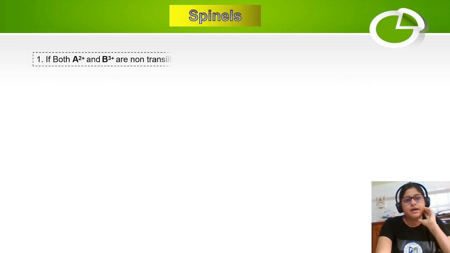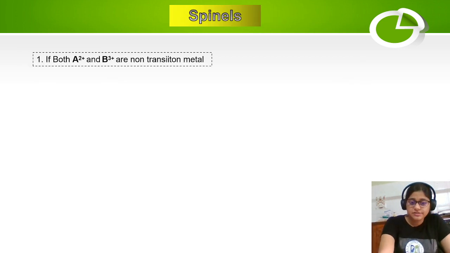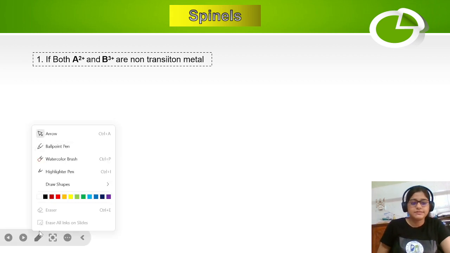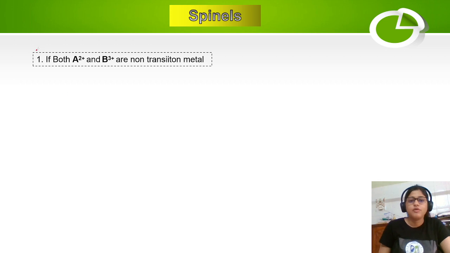And next are a few conditions for spinels. I have seen various kinds of examples of spinel, and I am just giving you a few points which will be helpful to study these spinels. So the first condition is if both A2+ and B3+ are non-transition metals.